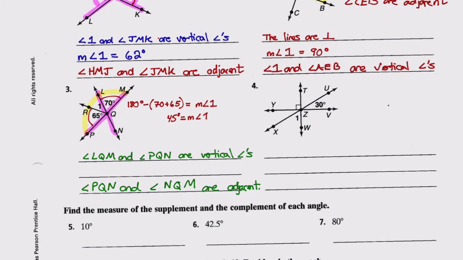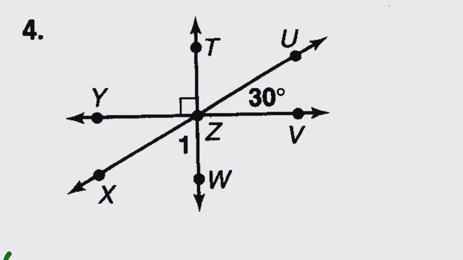All right, last but not least, this one. First of all, there's a couple pieces of information here which are kind of important. What angle do they give us, but they don't actually put the number? Chloe. The right angle. Yeah, the right angle. So we know that this one's 90.